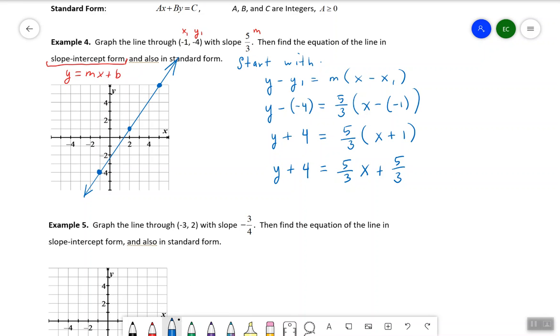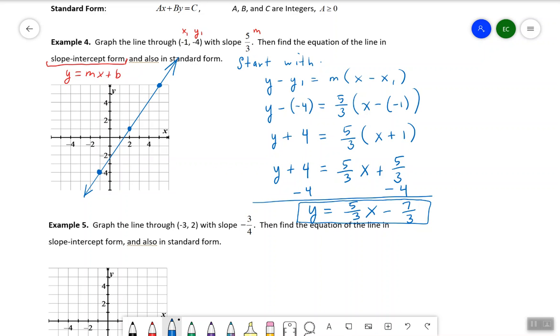So in this last step, we'll subtract 4 on both sides, and we'll get y is equal to 5/3 x, and then 5/3 minus 4, 5/3 minus 12/3 would be minus 7/3. And there's our answer.